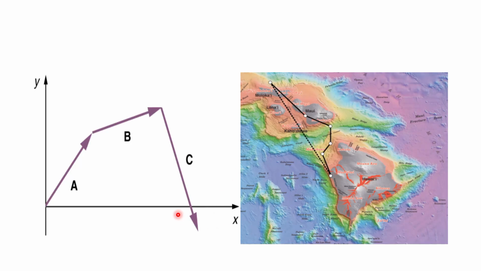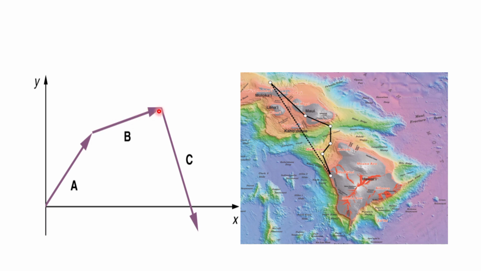Here we have an example. First we have vector A having a magnitude, and then we add the second one, the tail of the second attached to the head of the first one. So this is how we add vector B. This one is in this direction.